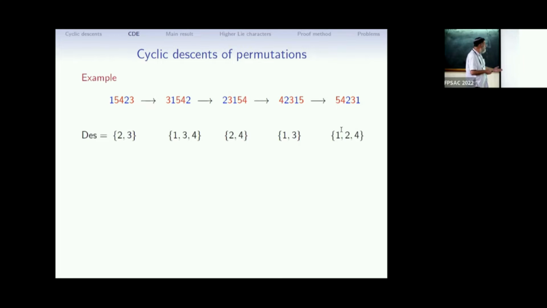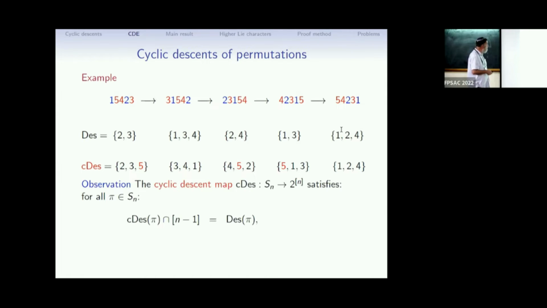The descent set is not so clear in terms of what's going on, but with cyclic descents, the red letters are where the cyclic descents are located, and you see 2, 3, 5, 3, 4, 1, 4, 5, 2, and so on. You see that a rotational shift of the permutation shifts the cyclic descent. This is one property that we would like to see.